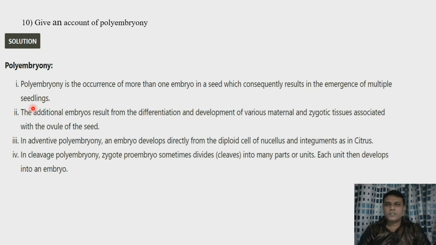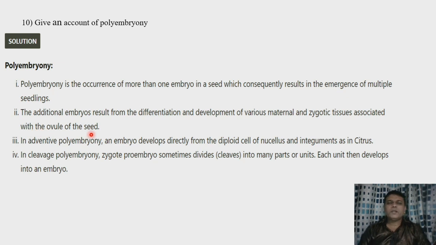Now seedlings are the small newly developed plants after seed germination, and these develop from the embryos of the seed. Then the next point is the additional embryos result from the differentiation and development of various maternal and zygotic tissues associated with the ovule of the seeds.